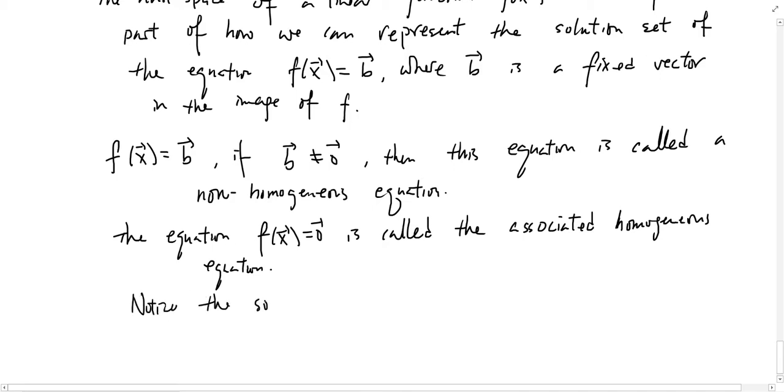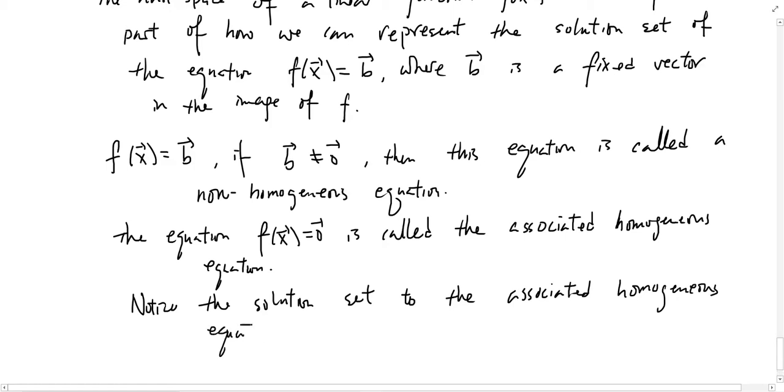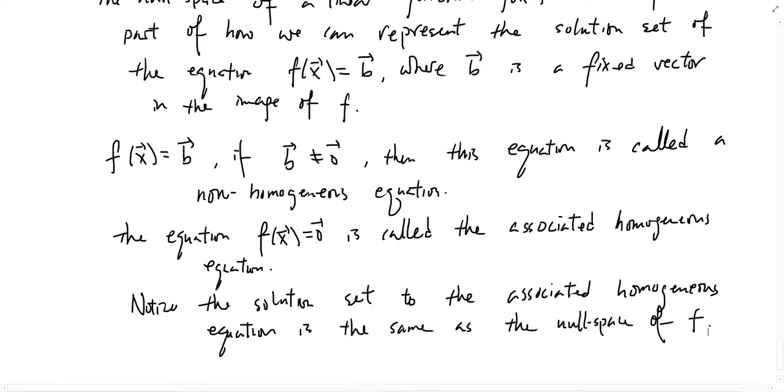Notice that the solution set to the associated homogeneous equation is basically called the null space of F. And that's the connection right here, is why we talk about homogeneous equation, talk about null space, because it ties into the associated homogeneous equation.